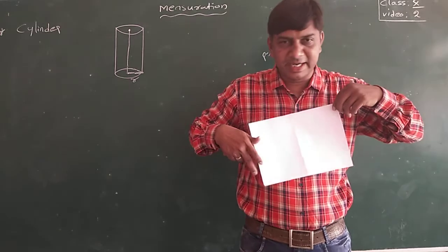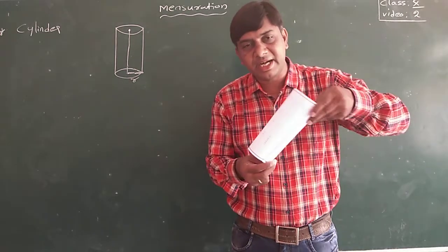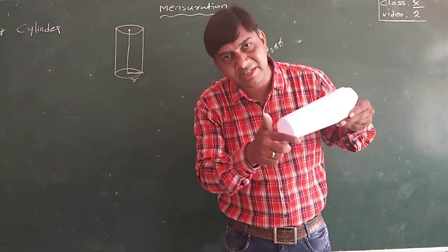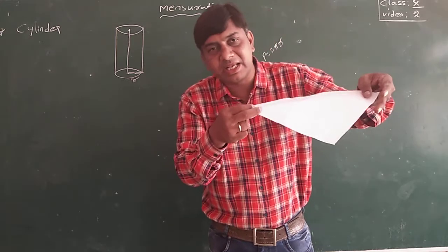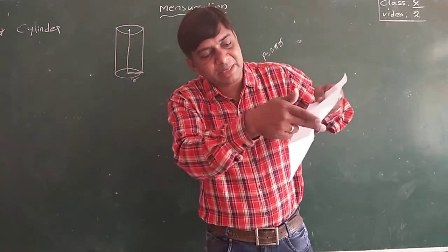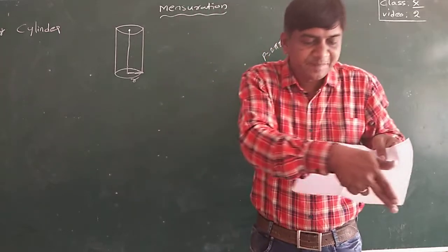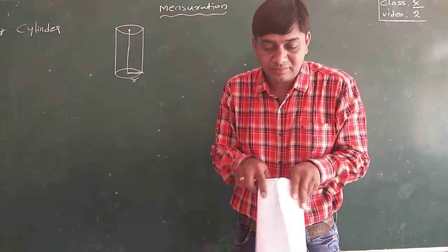This is the length and this is the breadth. When I made a cylinder, this is the perimeter of the one end circle. So when I open this cylinder, this perimeter becomes the length of the rectangle.